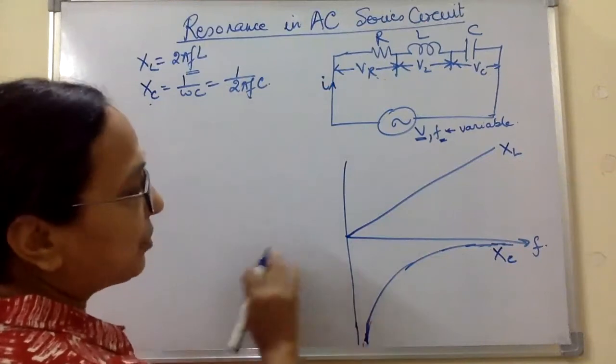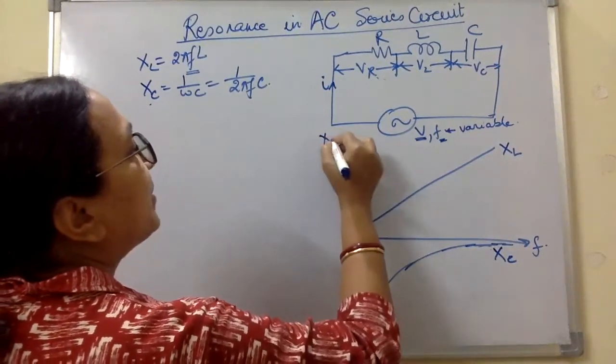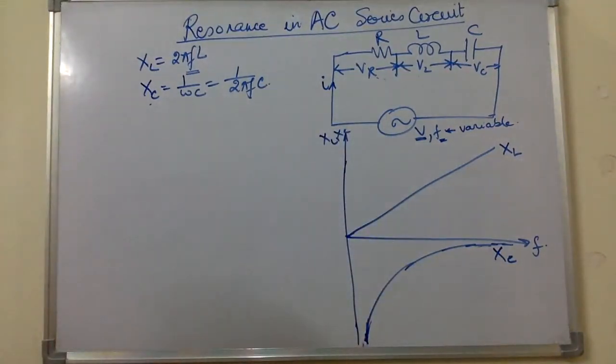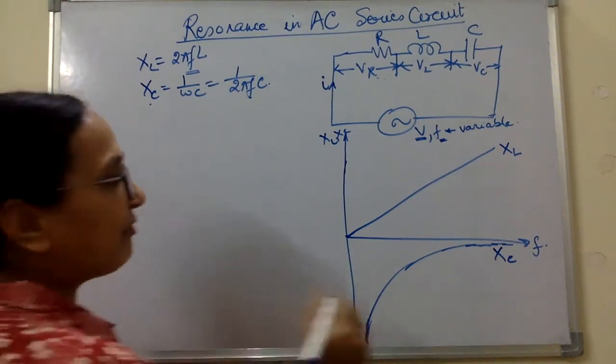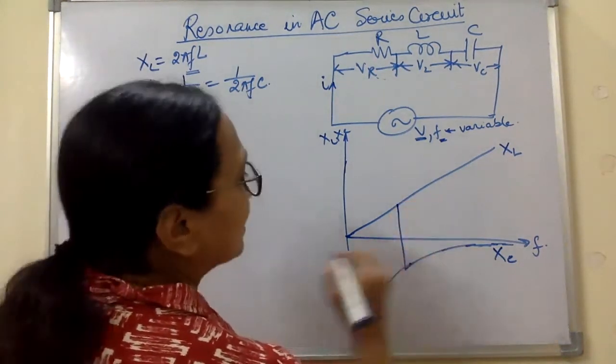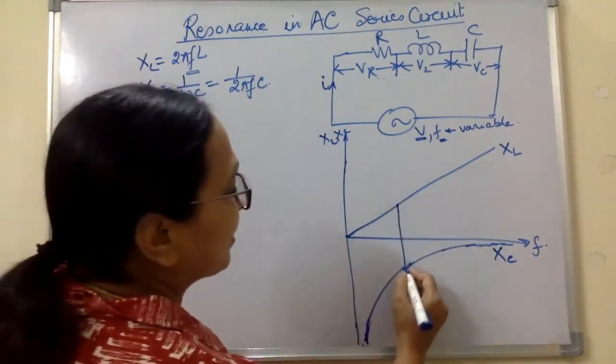So when you go on changing the frequency and you have got the variation of XL and XC, the reactances of inductance and capacitance are changing. So there will be one point when your inductive reactance will be equal to the capacitive reactance.